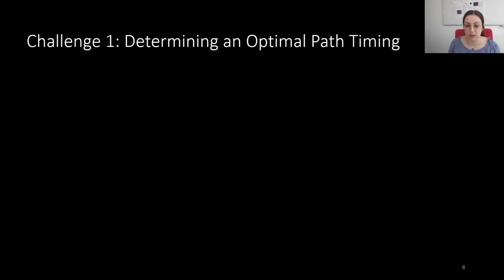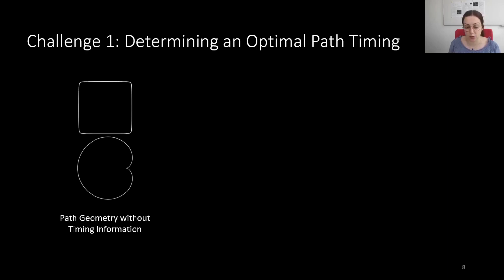Challenge 1 deals with determining the path timing. The display input information typically consists of a path geometry without any timing information. That is, we only know where the particle should be, but not when. And the content creator needs to come up with a timing strategy.